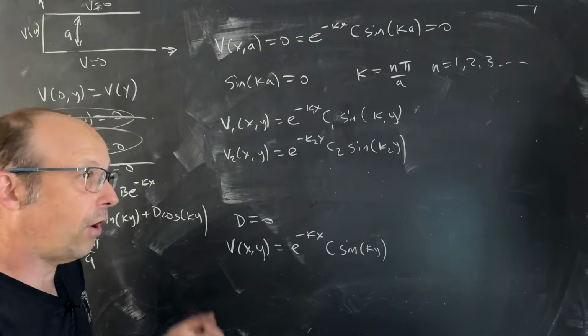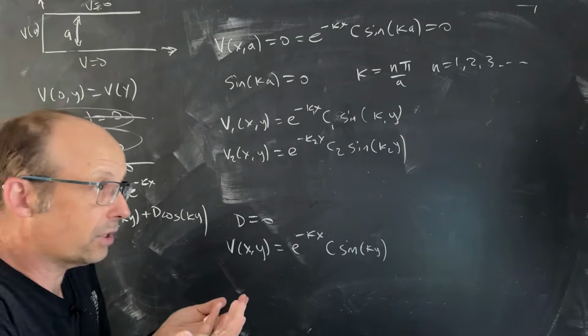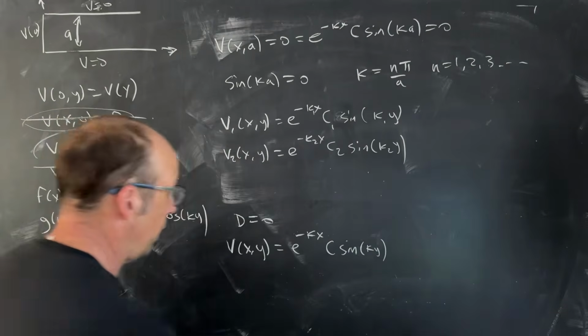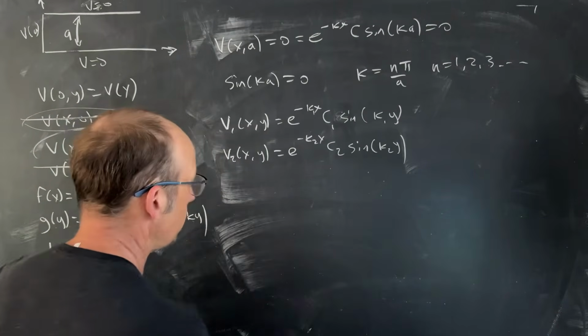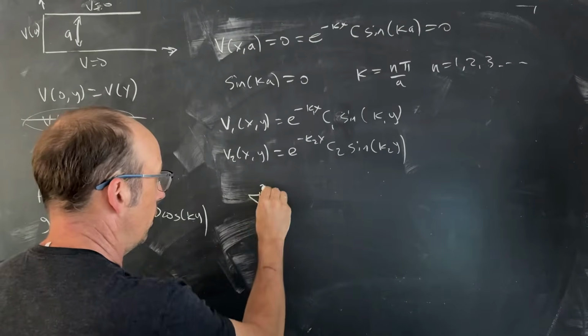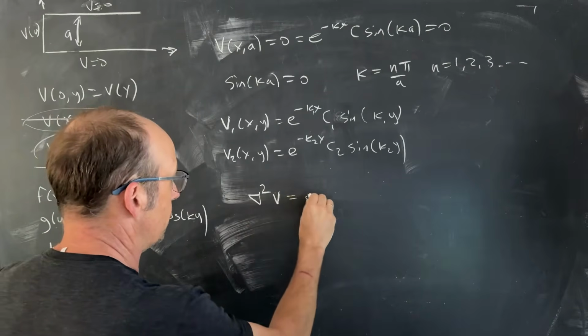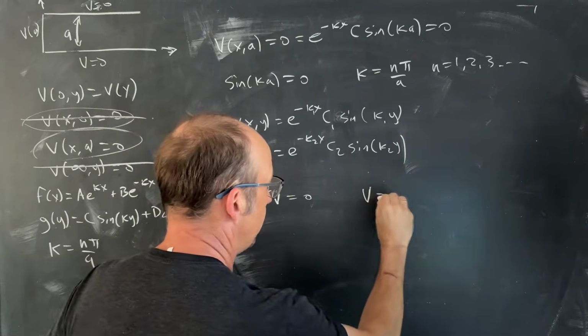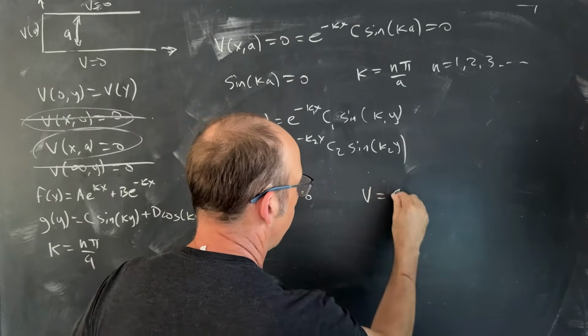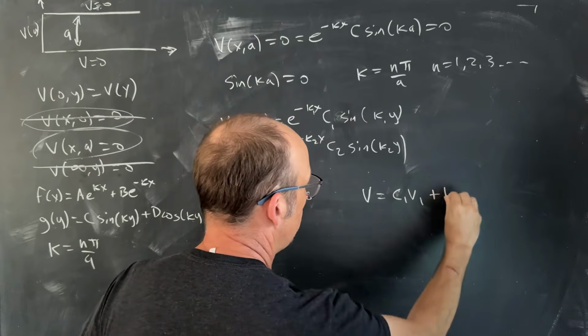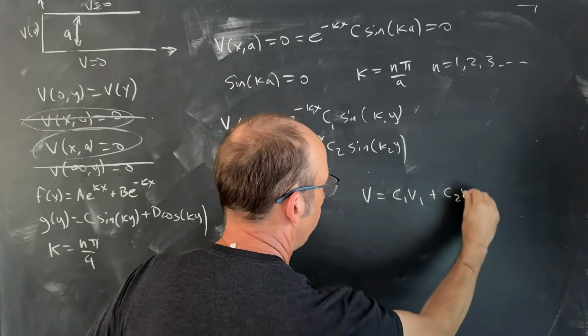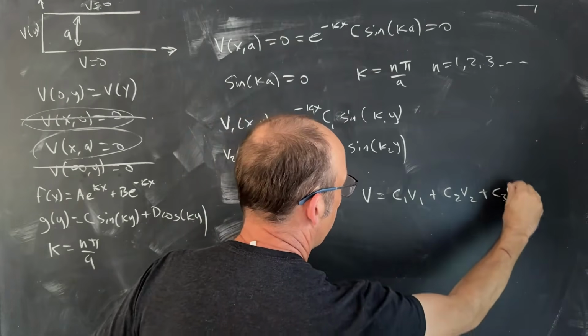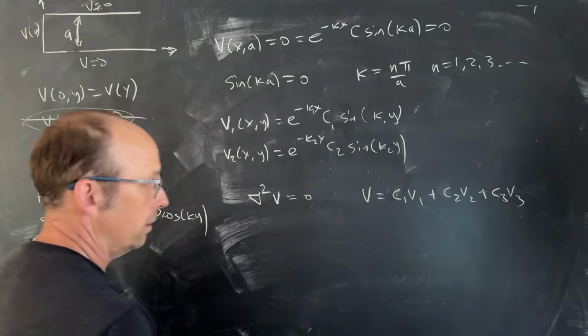And so if I have all these functions that are solutions to my original equation, so remember we're back here, the Laplacian of v is equal to 0. Well, let's say v is equal to c1 v1 plus c2 v2 plus c3 v3, some constants.